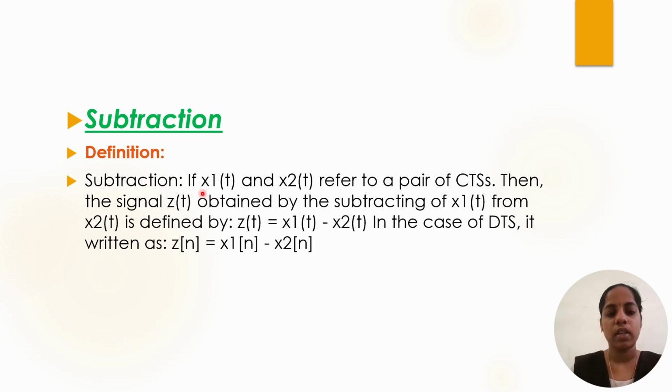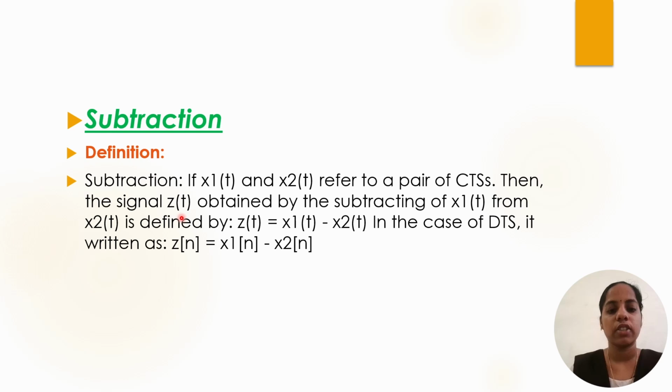This is similar to the addition operation, but in addition we add the amplitudes of two signals, whereas in subtraction we have to subtract the amplitudes of the signals: x2 of t is subtracted from x1 of t, and we get z of t.